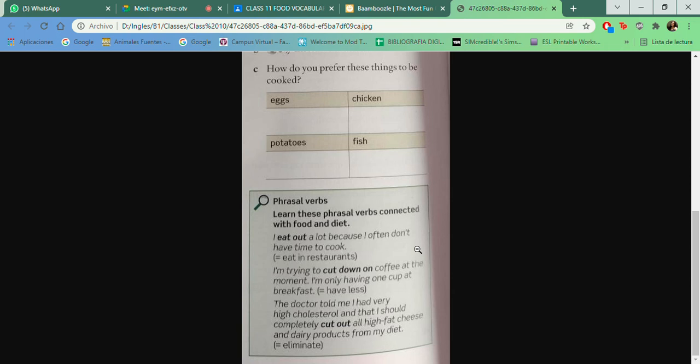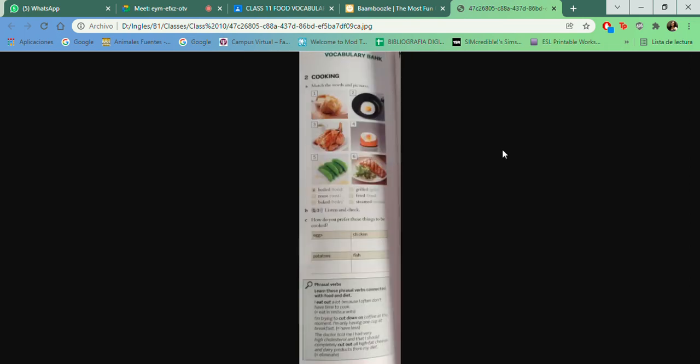So you have to rewrite the sentence using that phrasal verb. Or maybe it says, for example, eliminate, and you use cut down instead of cut out. So be careful with that. Good. Thank you.